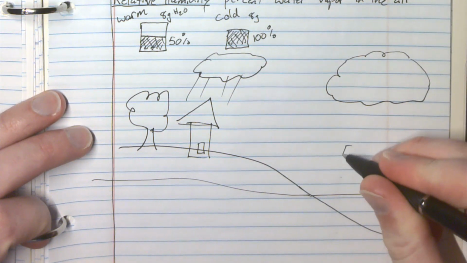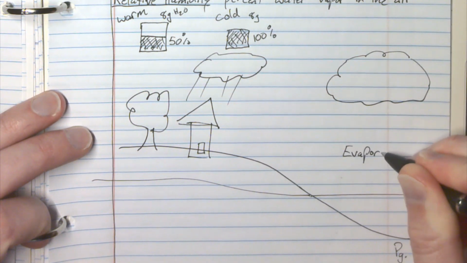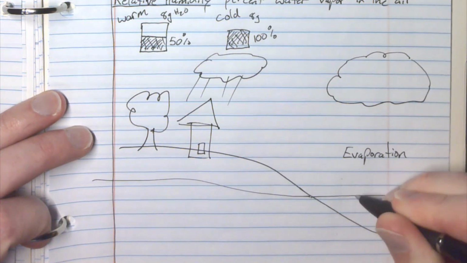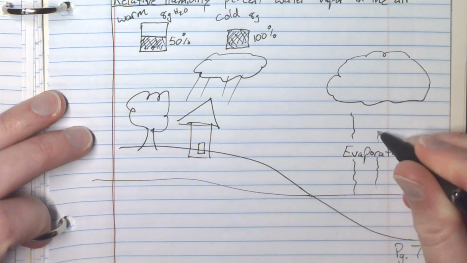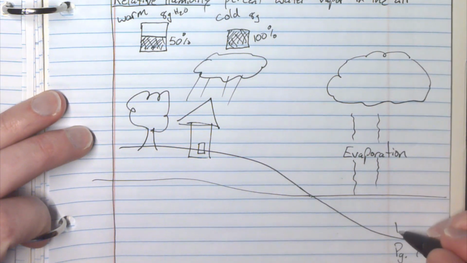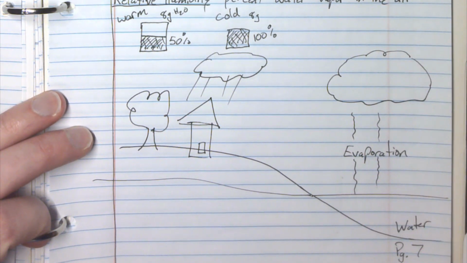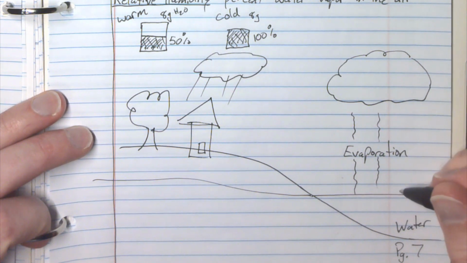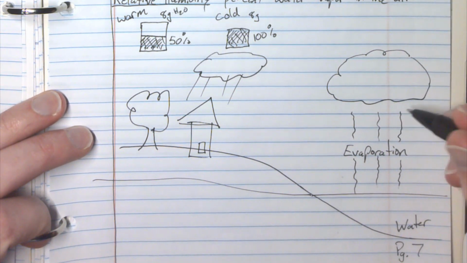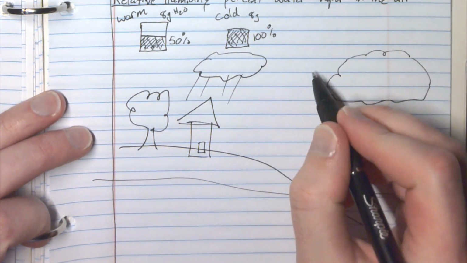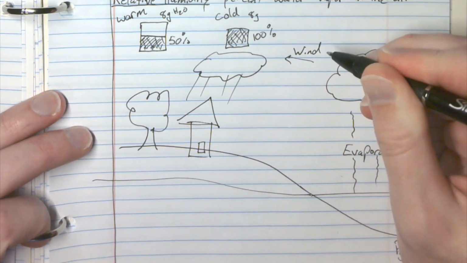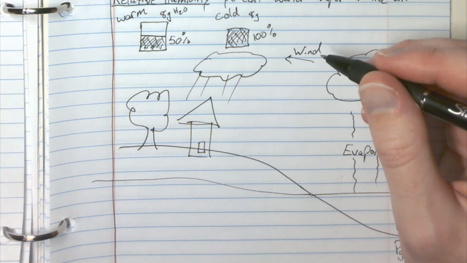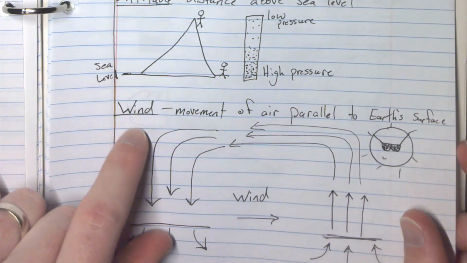So let's go right here. We have evaporation. So that's going to go all the way up into the clouds from this body of water. Evaporation. This is going to get blown this way by some wind, which I think we even talked about on the last page, wind.